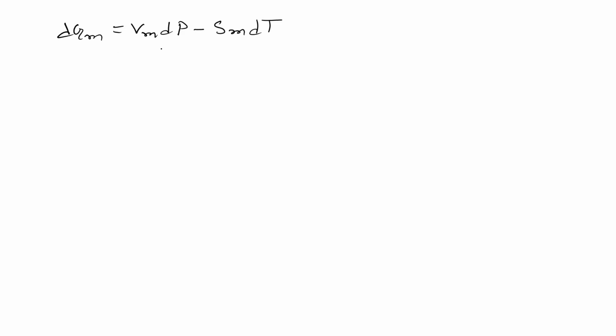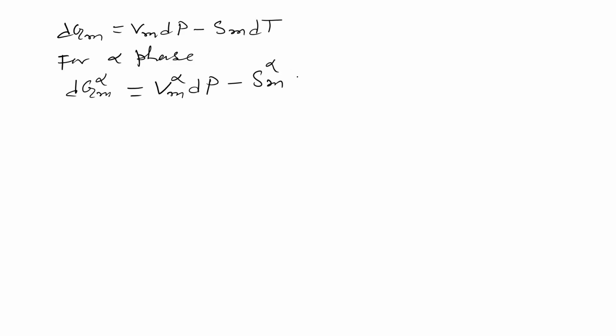Now I apply this equation for alpha phase and beta phase. So for alpha phase, what will it be? That is dGm alpha is equal to Vm alpha dP minus Sm alpha dT.